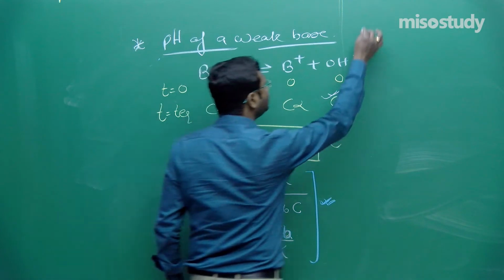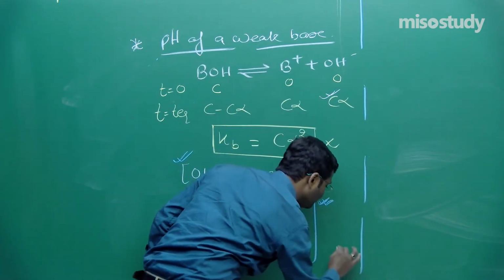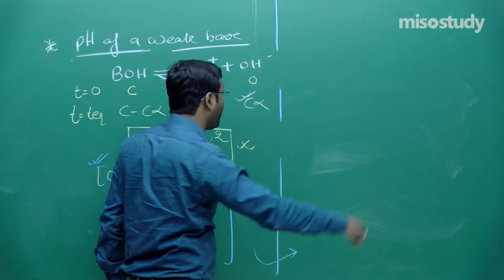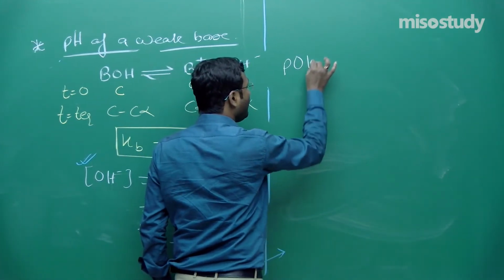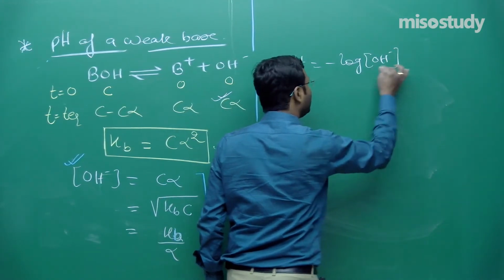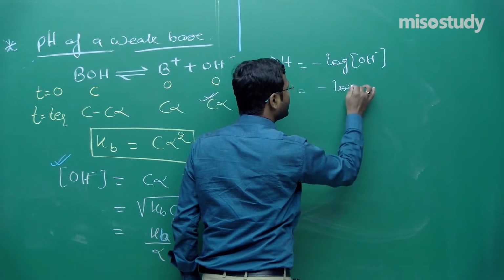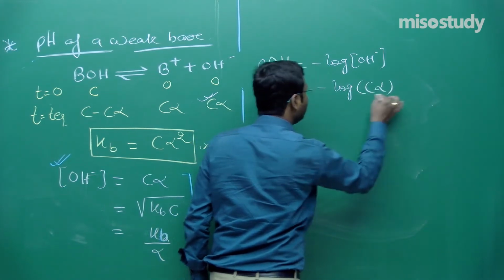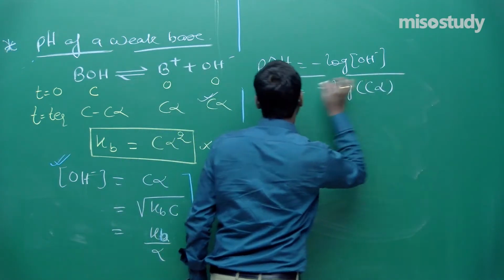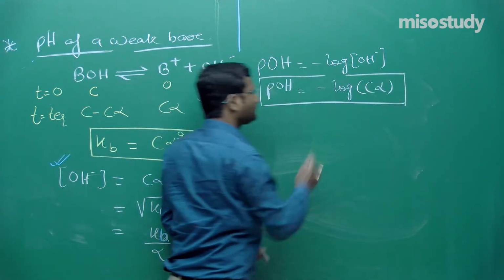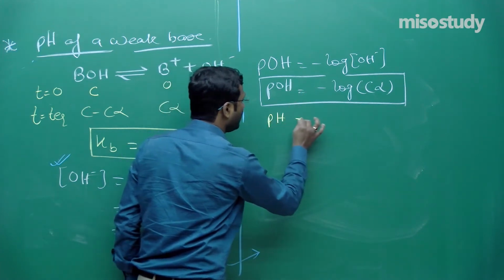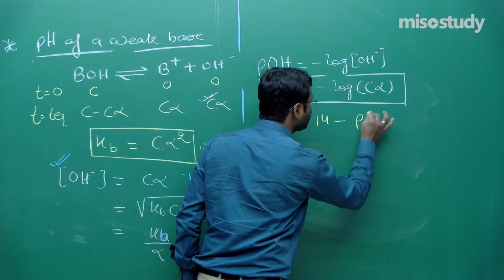Now I am moving here to how to find the pH. First of all, we have to find pOH. As we know, pOH is equal to minus log OH ion concentration. Now put the value. The first one is minus log C alpha. This is the first expression for pOH. So if anyone asks you to find the pH, pH is equal to 14 minus pOH.